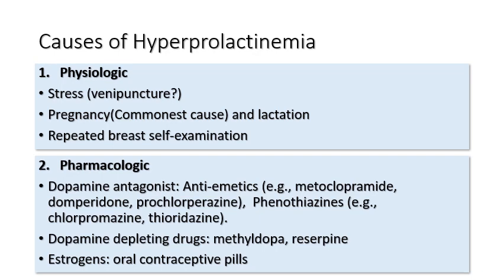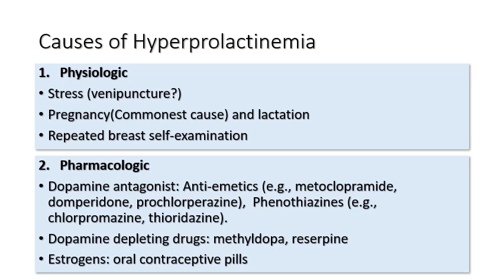Pharmacological causes: actually, there are also many drugs that can result in it. Importantly, these three classes of medications, and as we discussed previously, the continuous inhibitory and regulatory effect of dopamine release from the hypothalamus on the anterior pituitary gland regulates the prolactin release.